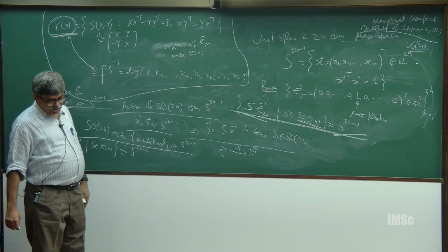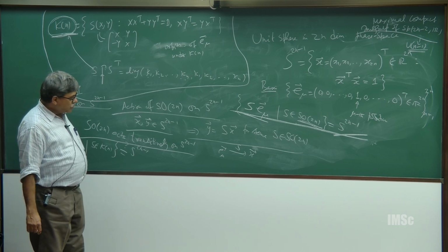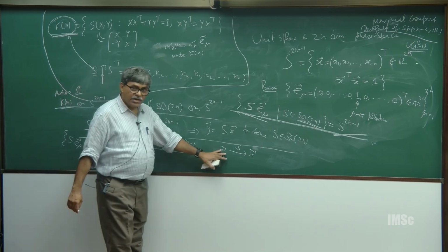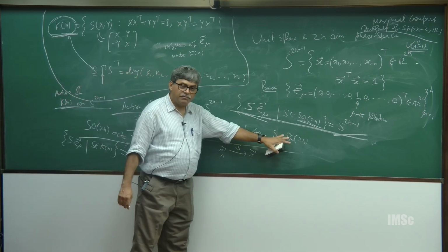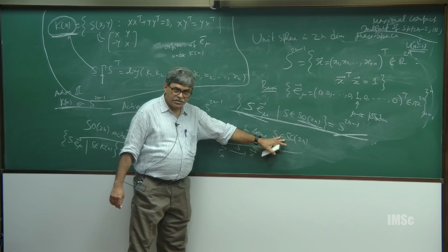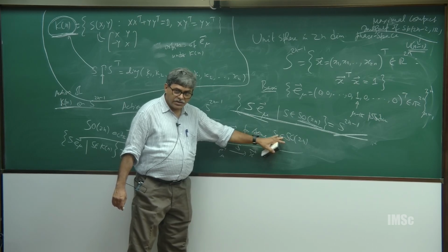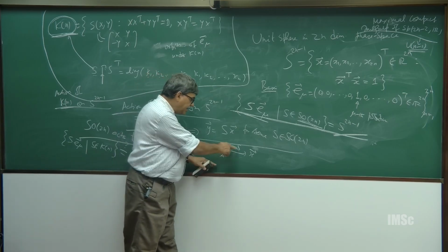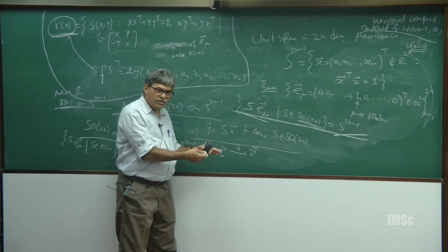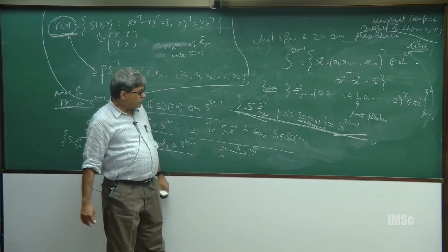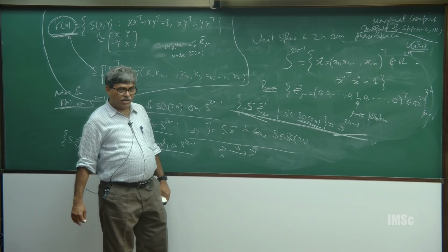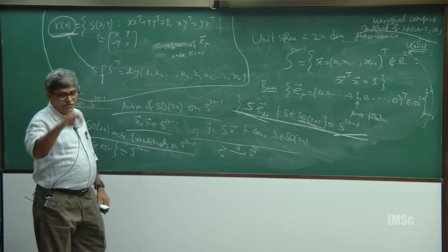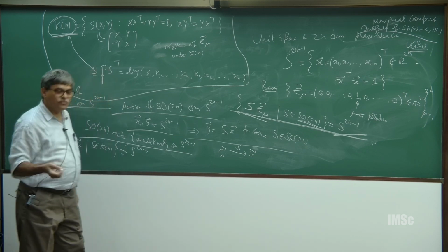So by this way you can cover S2n minus 1, right? You start from a fixed point and then keep on applying an arbitrary element of SO2n. Yes, so you can vary the element chosen from SO2n to cover S2n minus 1, yes, that you can do.